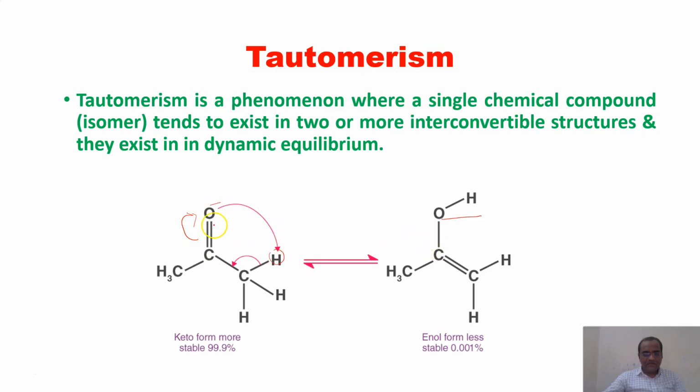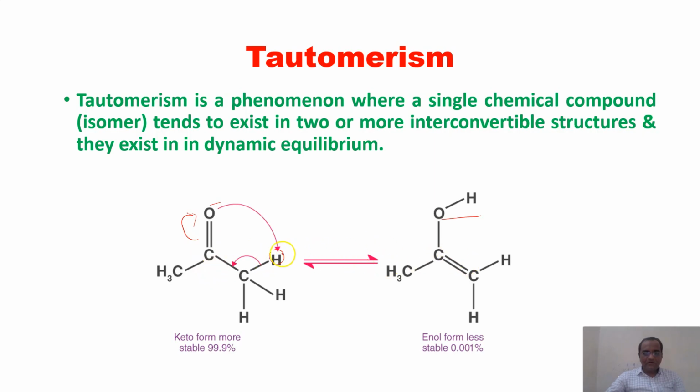The pi electron between carbon and oxygen breaks, and the lone pair on oxygen abstracts this hydrogen atom, and it forms an enol form. It is an alcoholic functional group, and it now has a carbon-carbon double bond. Here it is keto, and here it is the enol form.